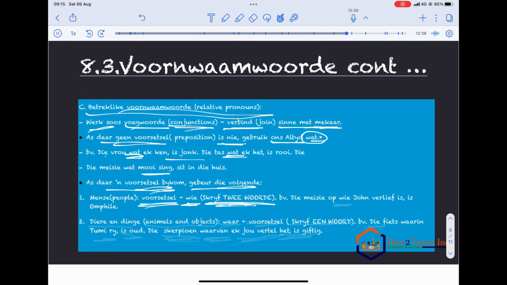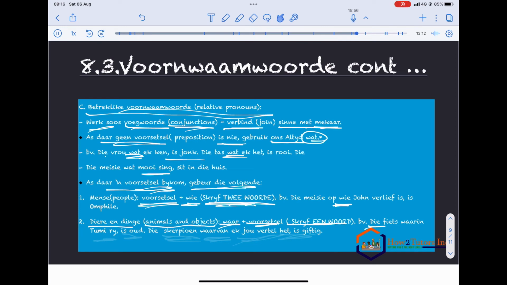Byvoorbeeld, for example, die meisie op wie John verlief is, is Ompile. So the girl with whom John is in love is Ompile. Vir diere en dinge, for animals and objects, gebeur die volgende. Jy kry waar plus die voorsetsel, en jy skryf dit as een woord.